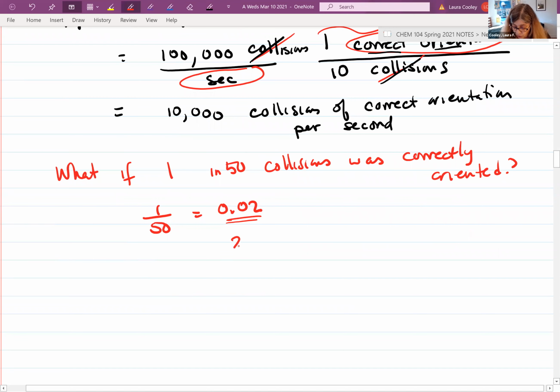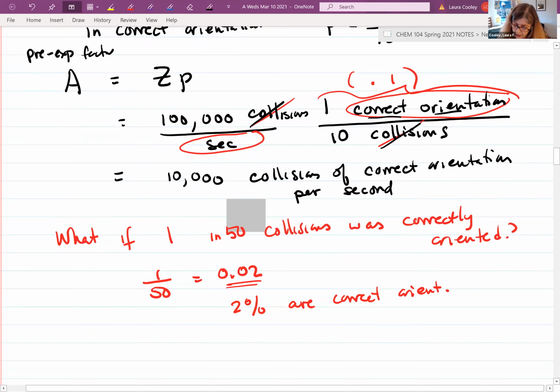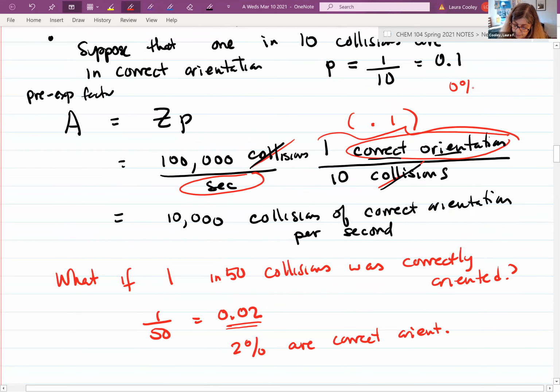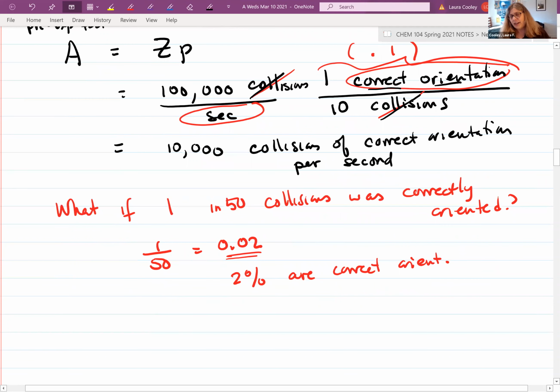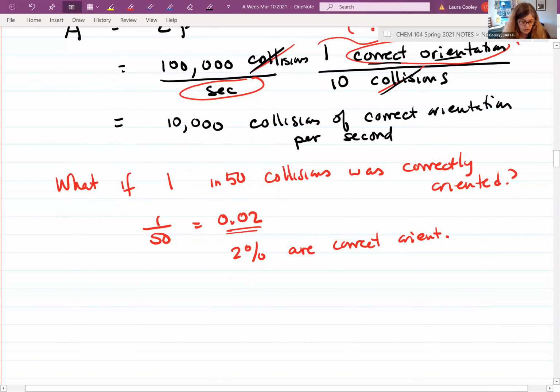That would mean only 2% are the correct orientation. Here, this was 0.1, or 10% are the correct orientation. So you could see that some reactions might only have 1% that have the correct orientation. So there's a lot of variability there.